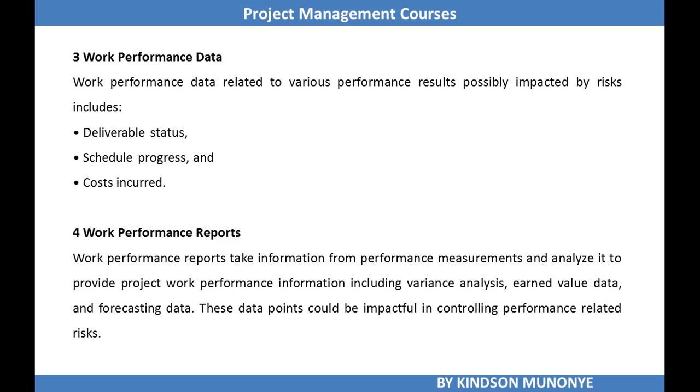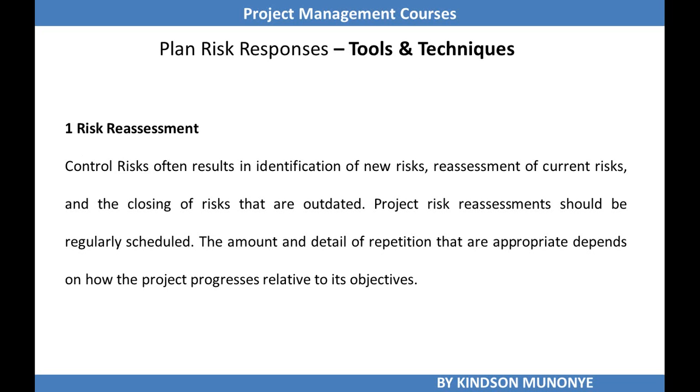We also need performance reports for us to control risk. Why? Because performance reports take information from performance measurements and analyze it to provide project work performance information, including variance analysis, earned value data, and forecasting data. These data points could be impactful in controlling performance-related risk.